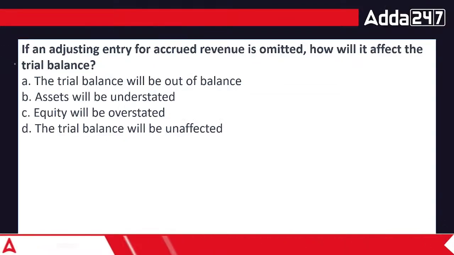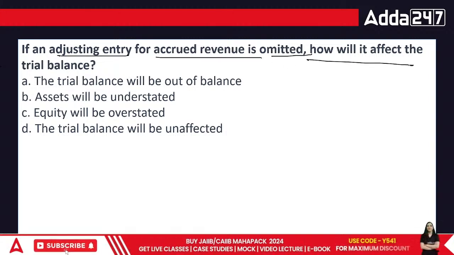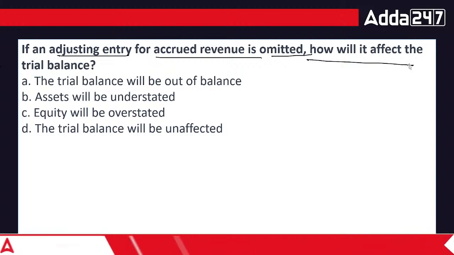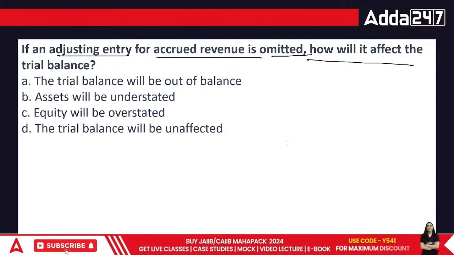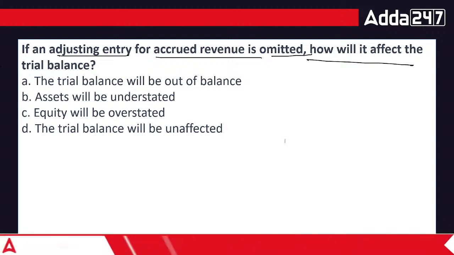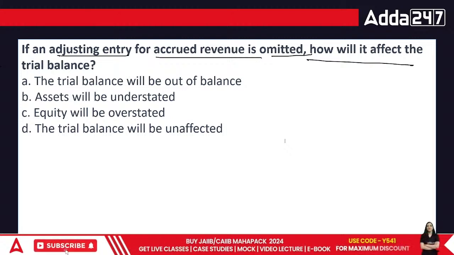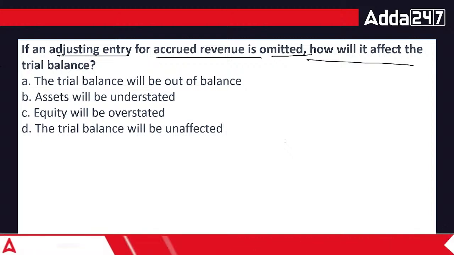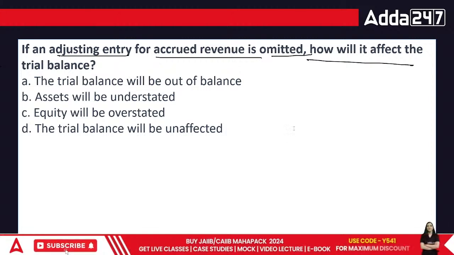Everyone, if an adjusting entry for accrued revenue is omitted, then how will it affect the trial balance? If an adjusting entry is omitted altogether, there is an asset which is not recorded, an asset and the person from whom the amount is due. So how does it affect the trial balance?